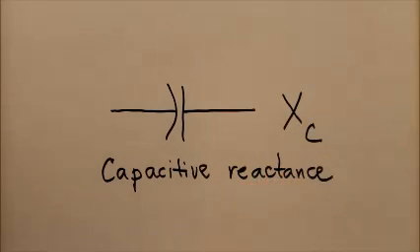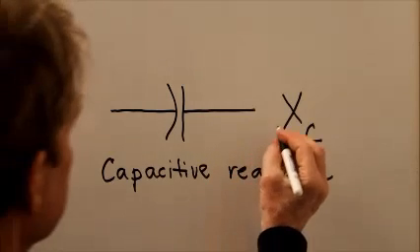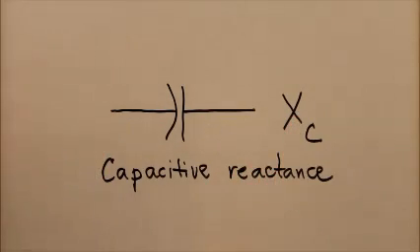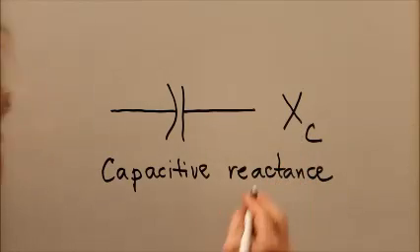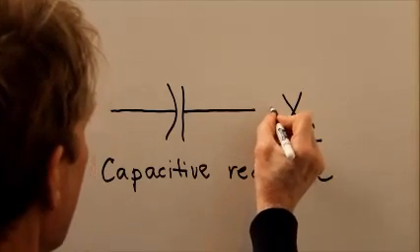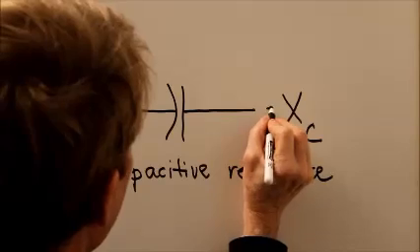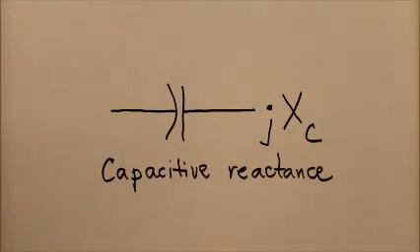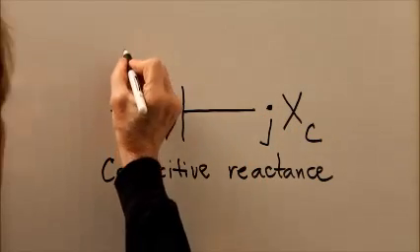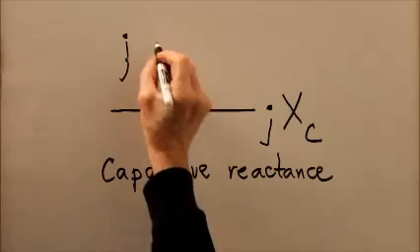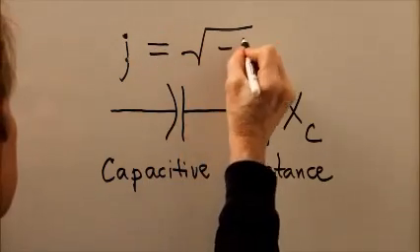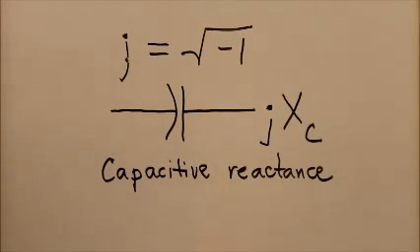We symbolize capacitive reactance as X sub C, X meaning reactance, C meaning capacitive, but we always precede it with the J operator if we want to get really technical. And remember, the J operator is equal to the square root, actually the positive square root of -1.